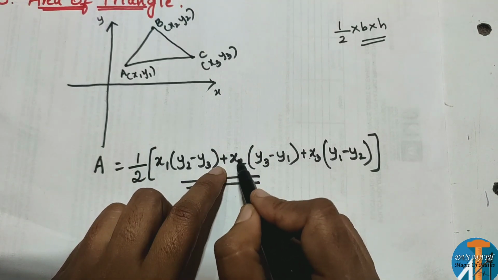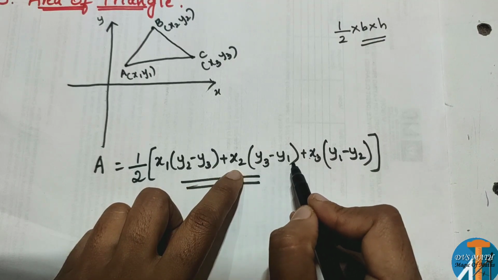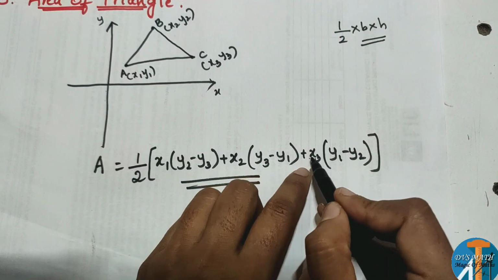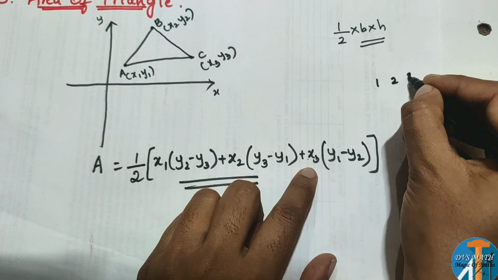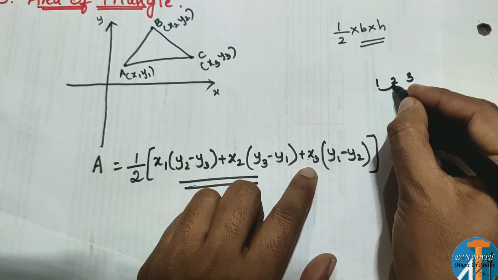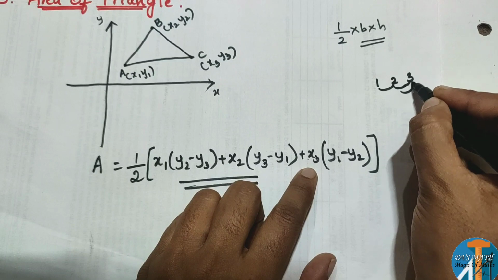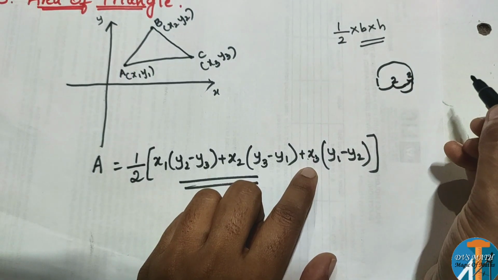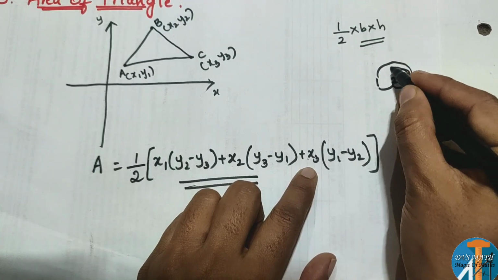Next, x2. After 2, what is the number? 3, 1. Next, after 3, plus x3 into 1, 2, like this. For example, look here: first 1, 2, 3. Next, if you come for 2, it is 2, 3, 1. If you come from 3, you have to come back 3, 1, 2.